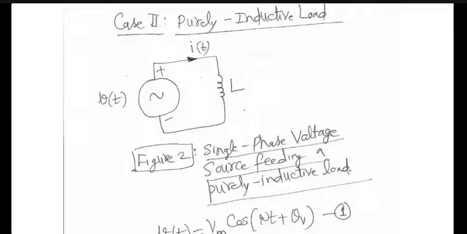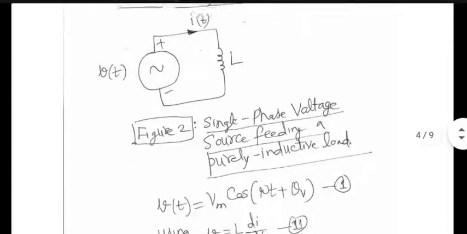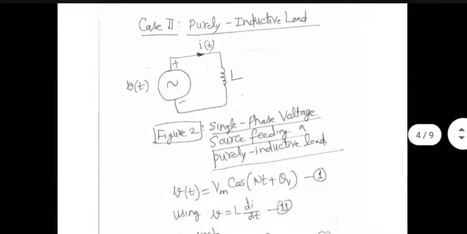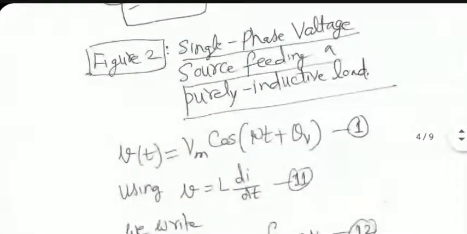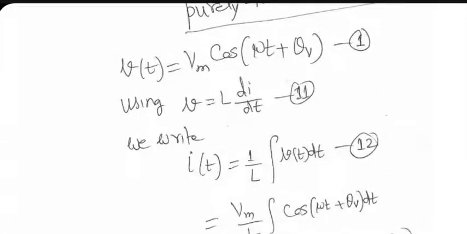I'm trying to give a different focus here, the practical side of the story. Small v is again Vm cos omega t plus theta v, no issue with that. We know that current flowing through the inductor, instantaneous current, small i, is related to the applied voltage by this formula, v equal to L di by dt. As a result, small i is now 1 upon L integral of v dt. I'm ignoring the constant of integration. It doesn't change the effect of the results at least.